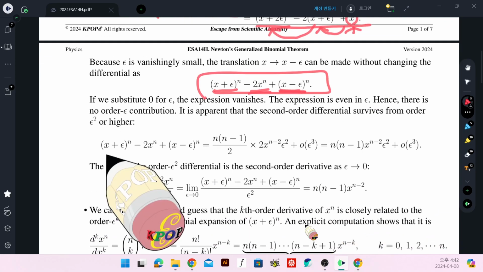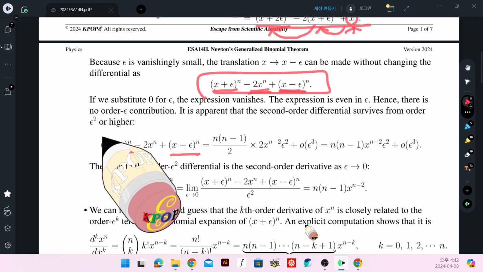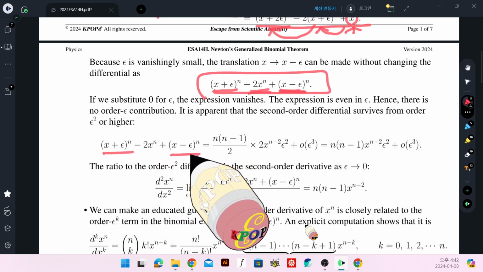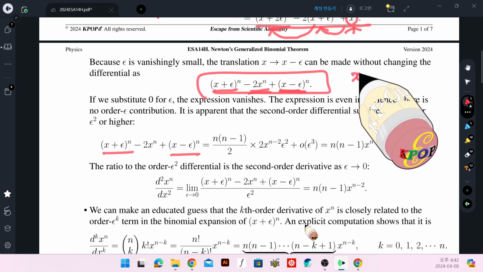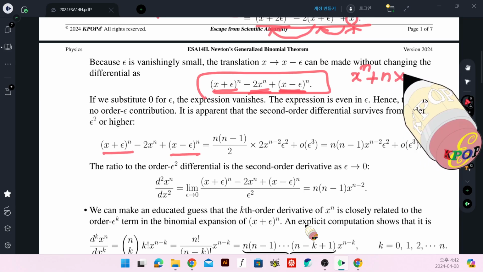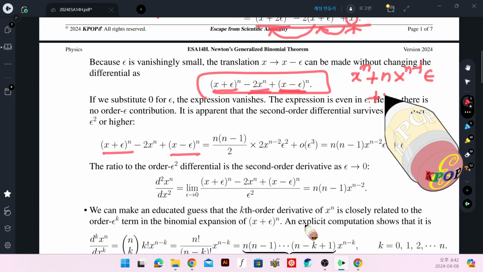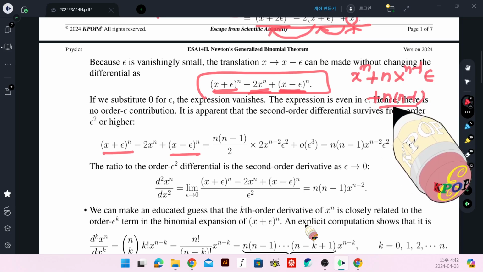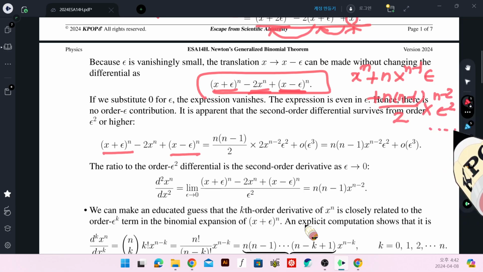Anyway, we can expand this one to find the binomial expansion of this. Binomial expansion of this can be achieved in a similar manner. The leading piece, we have x to the n, and n x to the n minus 1 epsilon, and then n times n minus 1 divided by 2 x to the n minus 2 epsilon squared, and so on.